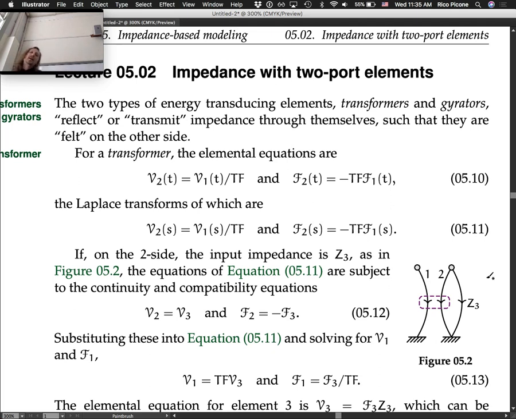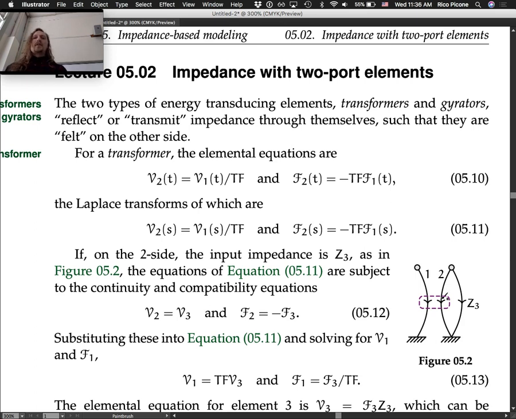Maybe this was a whole network of stuff over here, and you combined all those impedances to make Z3. Or it could just be a single element. What we want to see is, how is Z3 felt over on side 1? How does it go through this?